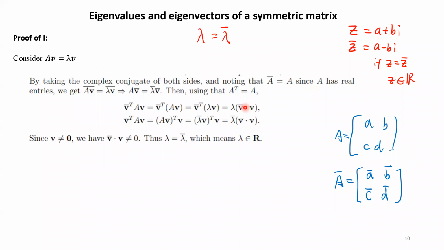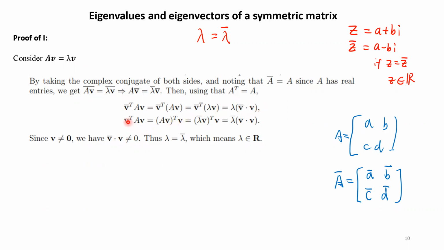For this result, you can write it even without relying on the symmetric property of the matrix A. The first line you can write for any matrix, as long as you have an eigenvalue and eigenvector. Then the second line is the key.